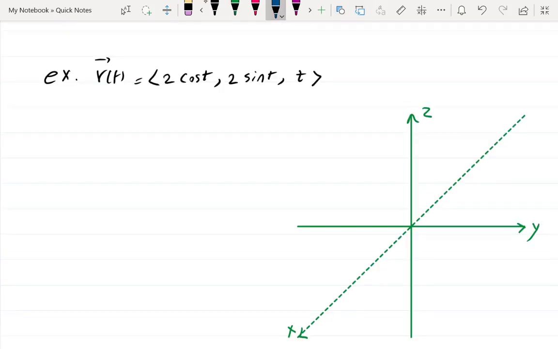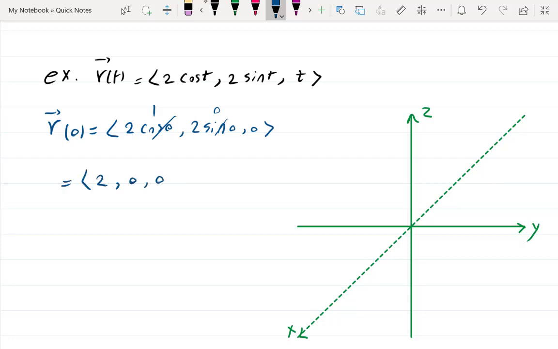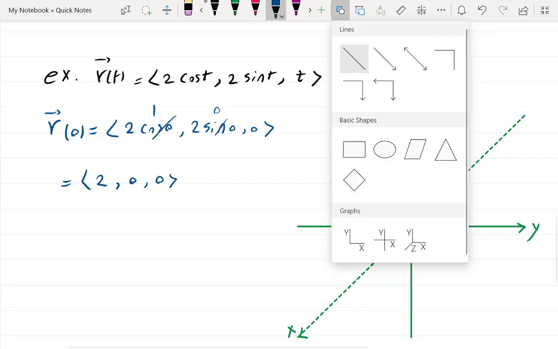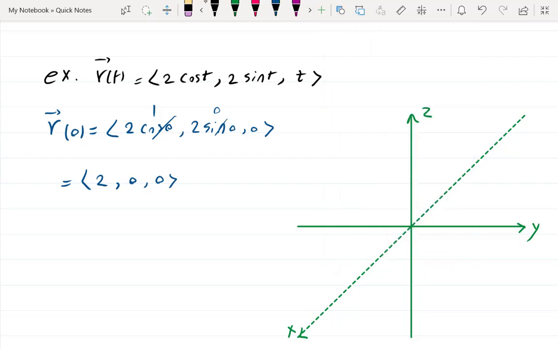Now, first we plug in 0: 2 cosine of 0, 2 sine of 0, and 0. Cosine of 0 is 1, sine of 0 is 0, and 0, which is equal to 2, 0, 0. That is this vector.